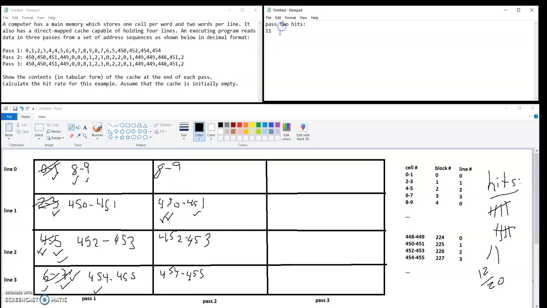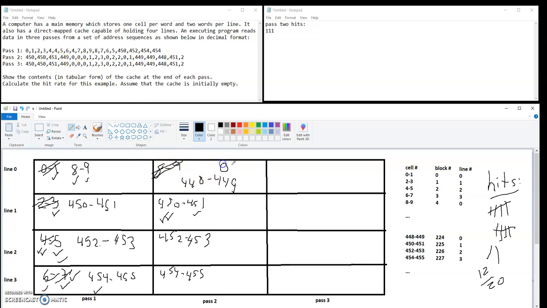Another hit. 449. No, but you can tell where it's going to go. It goes before 450, along with 448, 449. This is gone. So 449 was a miss. And then we have this called thrashing, going back and forth.